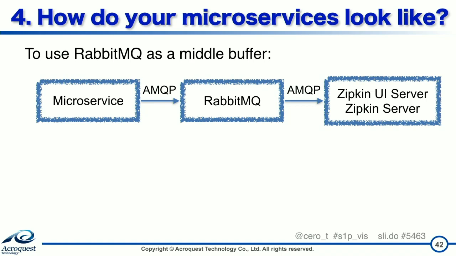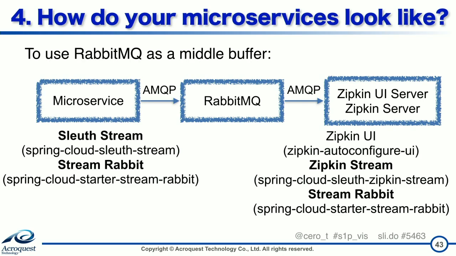If you want to create this environment, these are the answers. On the microservices side, you have to add the dependencies Sleuth Stream and Stream Rabbit. Sleuth Stream is the artifact Spring Cloud Sleuth Stream, and Stream Rabbit is Spring Cloud Starter Stream Rabbit.